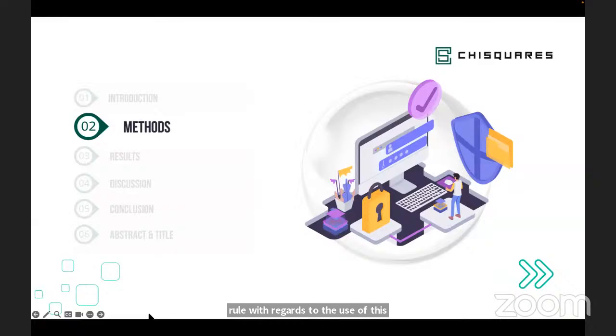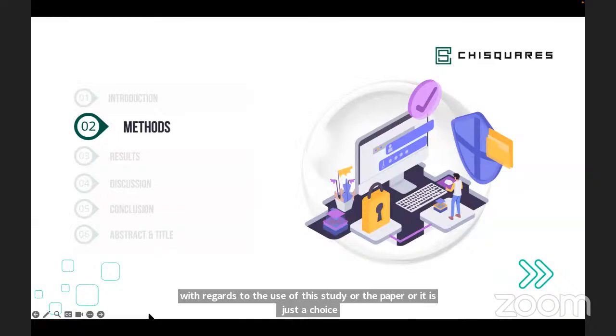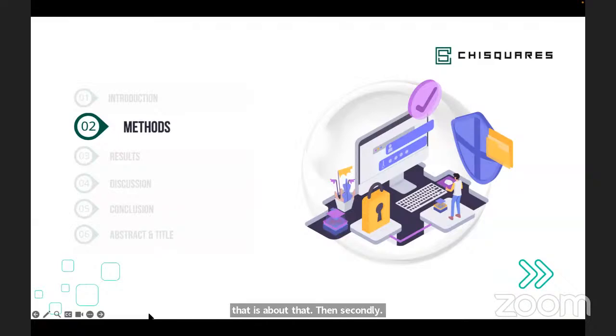Then secondly, with regards to the IMRAD method, there are some key sections that are not incorporated in it, especially for those of us trained in social sciences. Like the literature review, we are taught that it is very important that you cannot carry out a research and reveal your results without giving a somewhat comprehensive literature review.